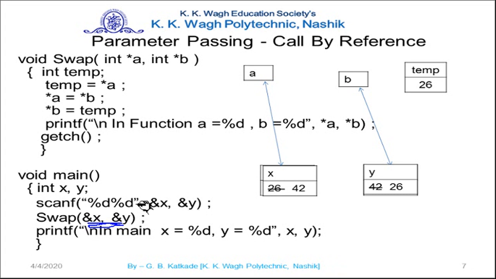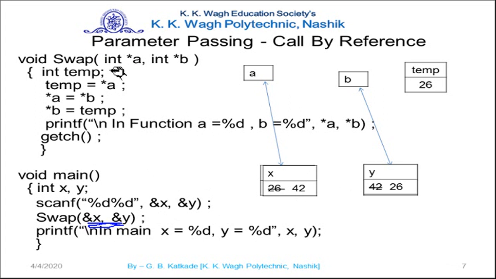So in main, x will have some value, y will have some value, let us say initially 26 and 42. x has a different memory location, y has a different memory location. But we call a function swap.